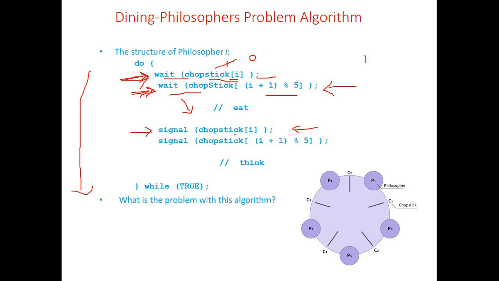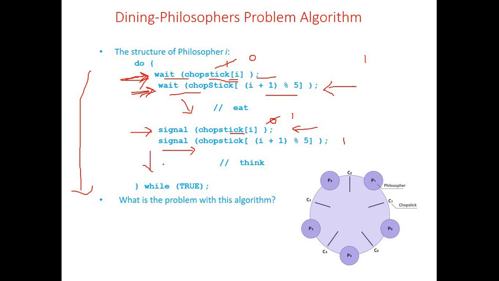Calling the signal function on the chopstick increments the chopstick value. Previously the chopstick was turned to 0, so it is incremented, and 0 becomes 1. Similarly, he increments the right chopstick by calling the signal function. In that way, the chopsticks are turned to 1 again after completing the eating.